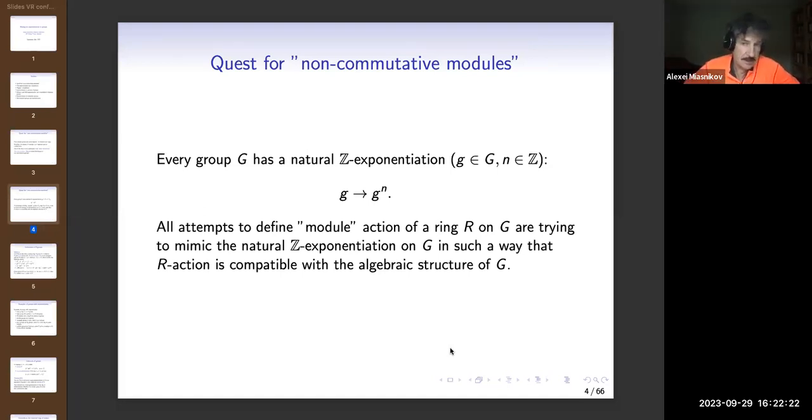So it's a reasonable kind of approximation of a Z module. And really all attempts are kind of trying to do something similar, but putting extra axioms. And what axioms people put in depends on the structure or algebraic nature of the group G.